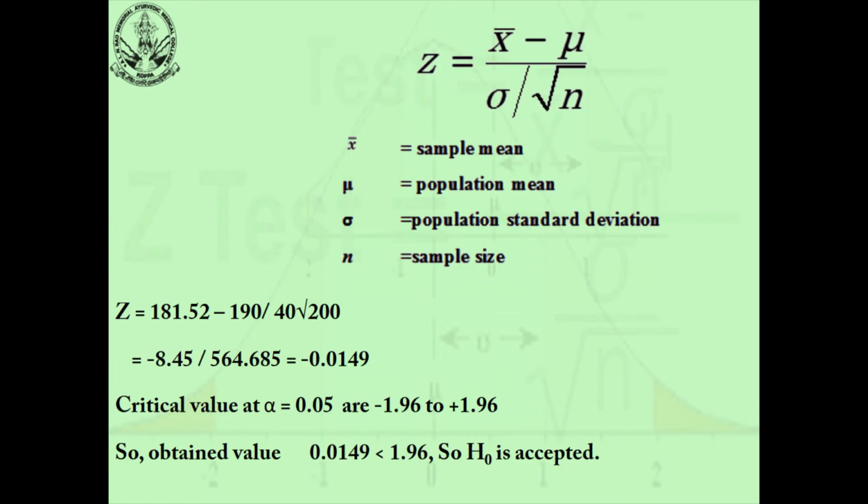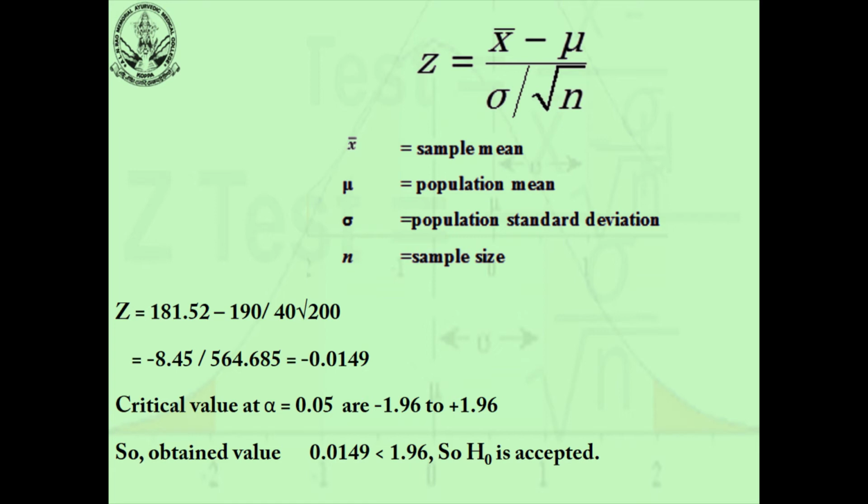First of all, recall this formula. This is the sample mean minus the population mean. In this case, the sample mean is 181.52 minus the population mean of 190, which is given here.